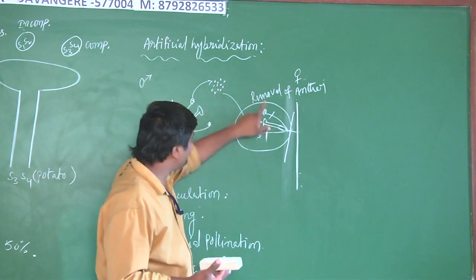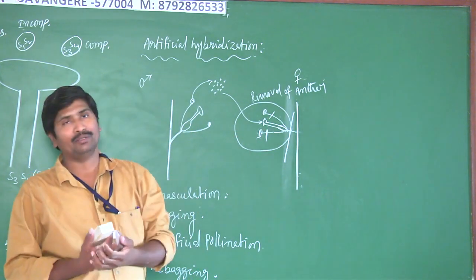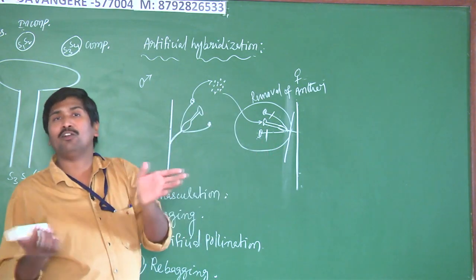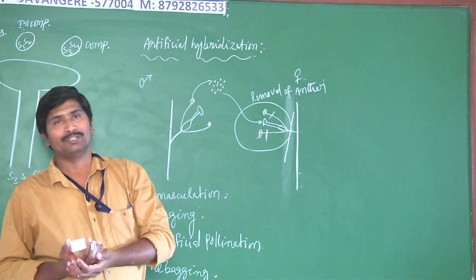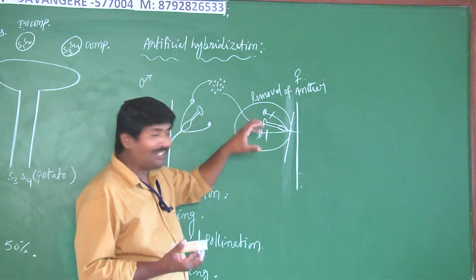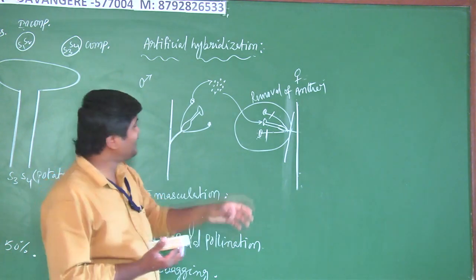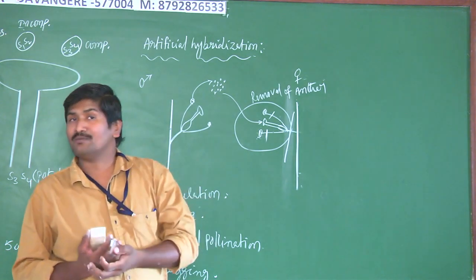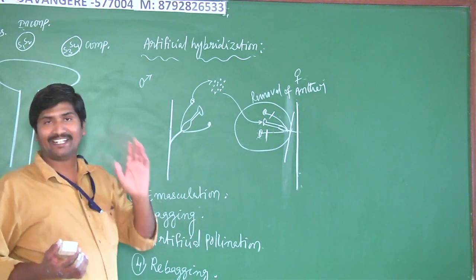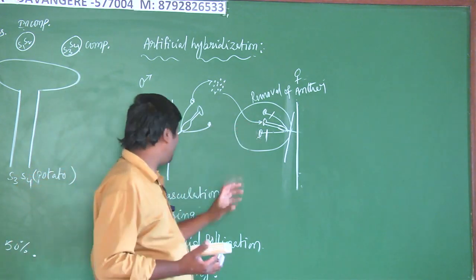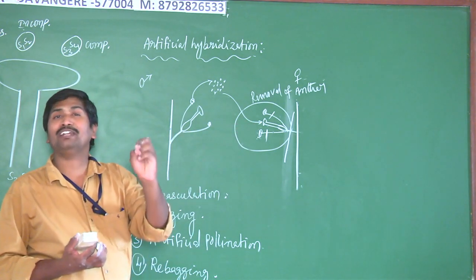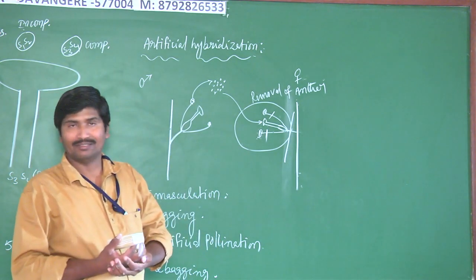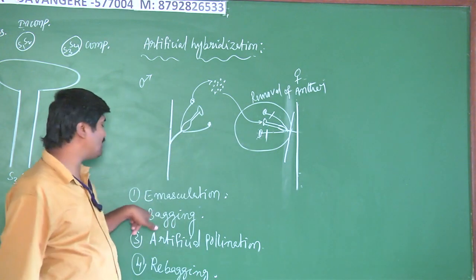In case another pollen grain lands on the stigmatic lobe, it may carry either desirable or undesirable characters. So what happens? Bagging prevents the contaminated pollen grains, or unwanted cross pollination. That is the main significance of bagging.